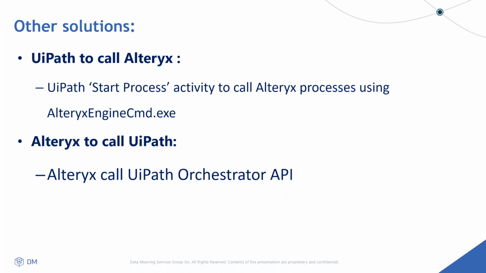Alteryx has a Python tool, so you can develop a Python script which calls the Orchestrator REST API, or you can use the Run Command tool in Alteryx and trigger from there. This gives you different options to start thinking about how to build the best solution, most suitable for your use case.